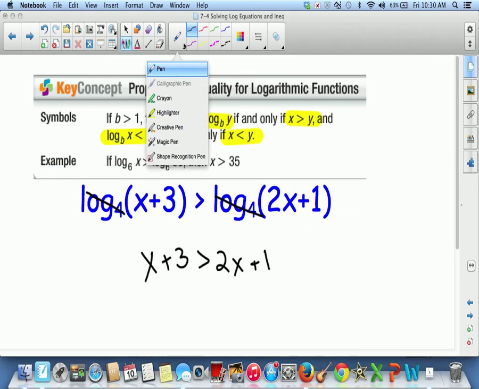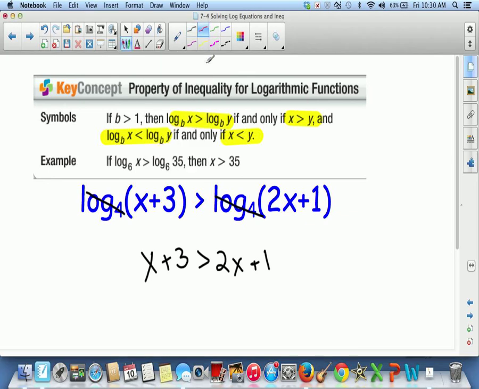So we set this up putting our A's in the inequality. So X plus 3 is greater than 2X plus 1. Solve for X. We're going to subtract X from both sides, subtract 1. We end up with 2 is greater than X, so X is less than 2.